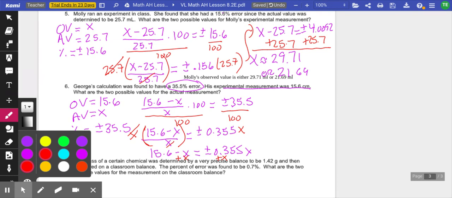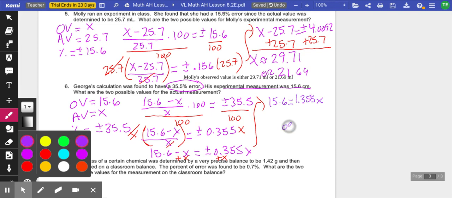Okay, this is where it gets tricky, so you got to pay attention. On the left side, I'm just going to have 15.6, not too tricky. On the right side, one time I'm adding it and it's positive 0.355x, and one time it is negative. So one time when it's positive, I would get 1.355x.